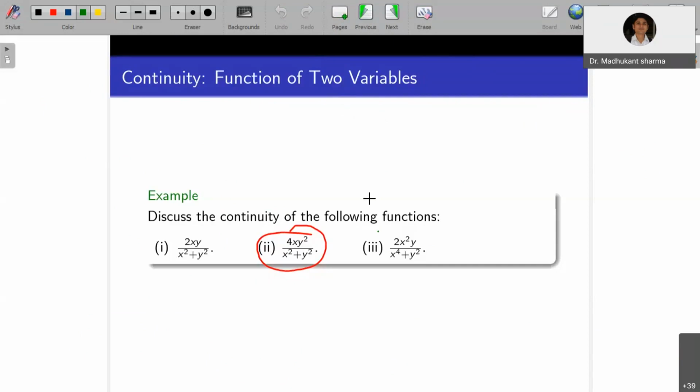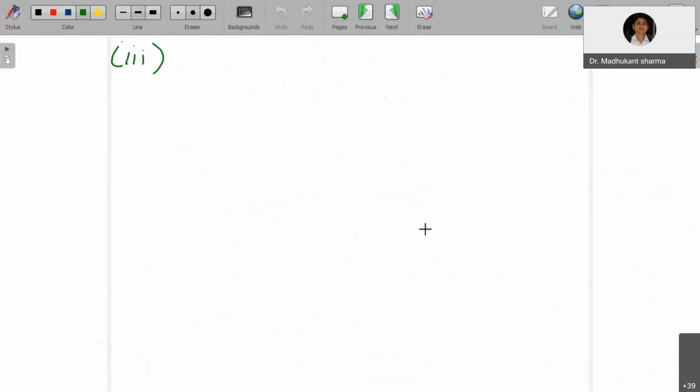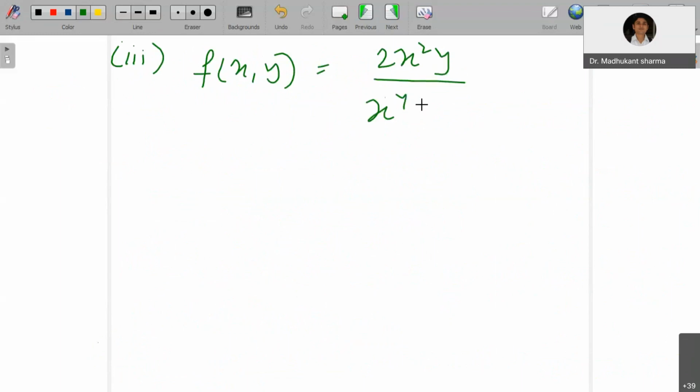We are going to look at 2x square y divided by x to the power 4 plus y square. So f of (x, y) is equal to 2x square y divided by x to the power 4 plus y square.